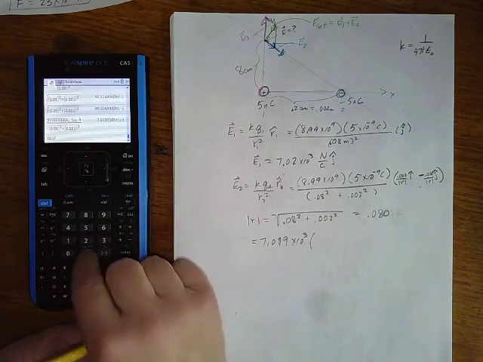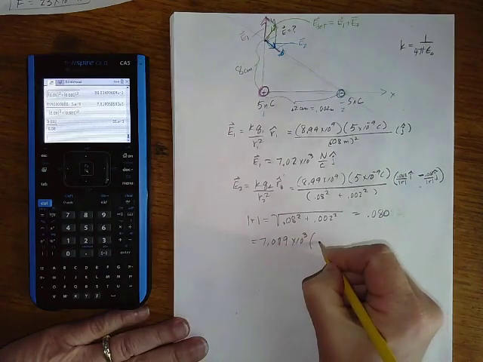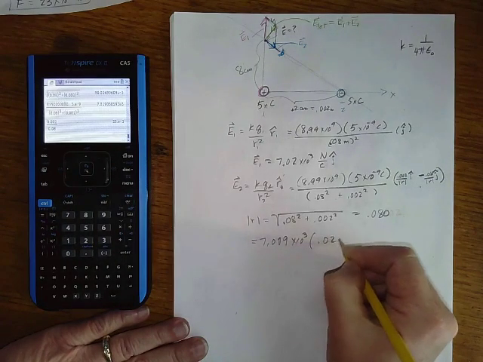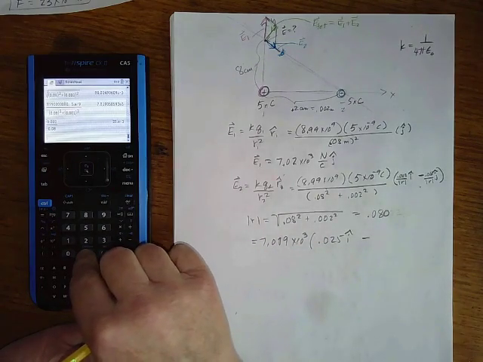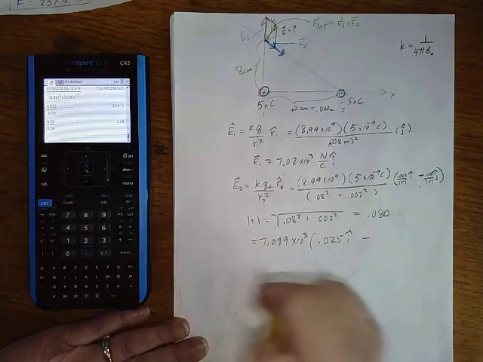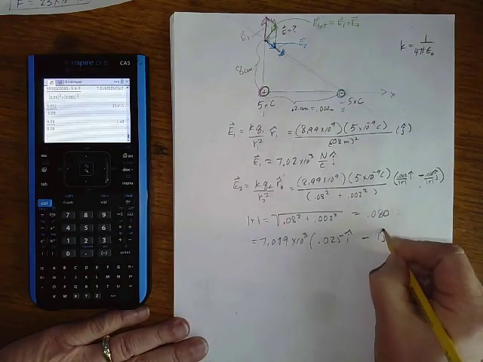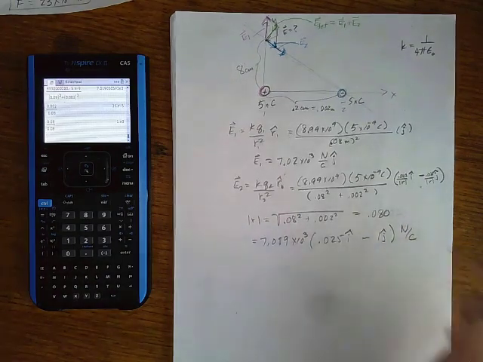And then we've got 0.002 divided by 0.080, so 0.025 i hat minus 0.08 divided by 0.08, okay, so 1 j hat. And this is still newtons per coulomb.